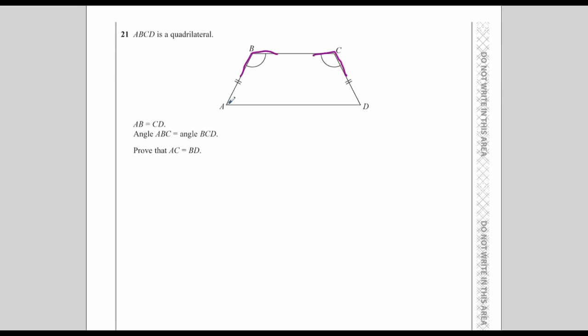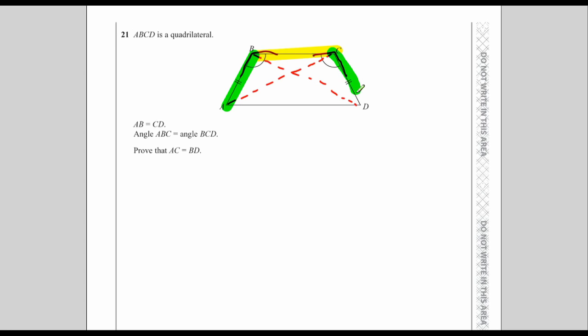Okay, so AC is this line here, and BD is this line here. Well, if we think about this, BC is the same length, isn't it? Now these two are the same, because we've been told in the question.